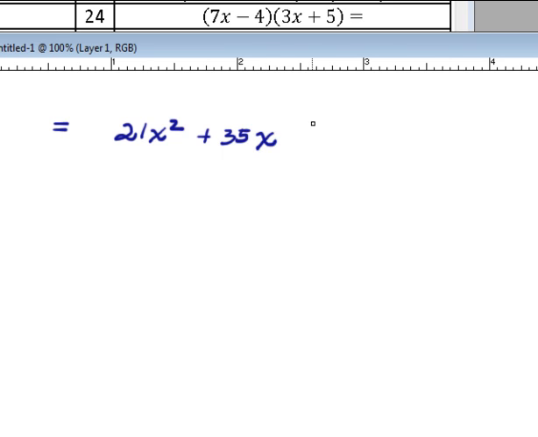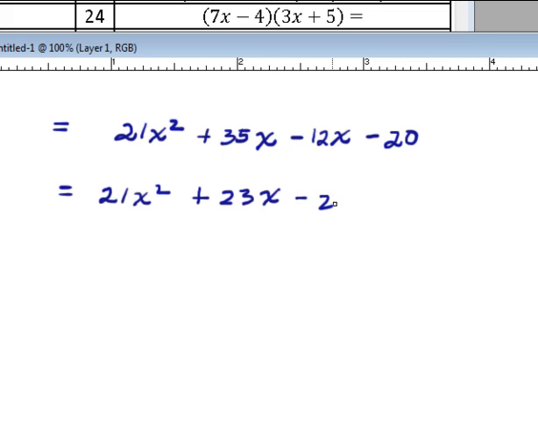Then we have minus 12x. And then the last, that's minus 20. And just add those middle terms. 35 minus 12, so that's 23x minus 20.